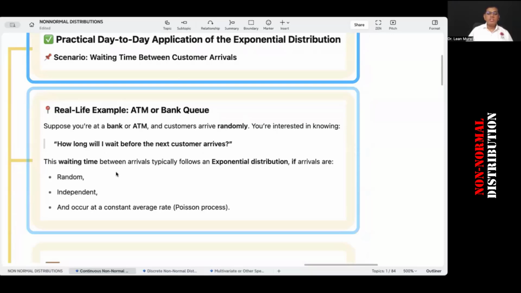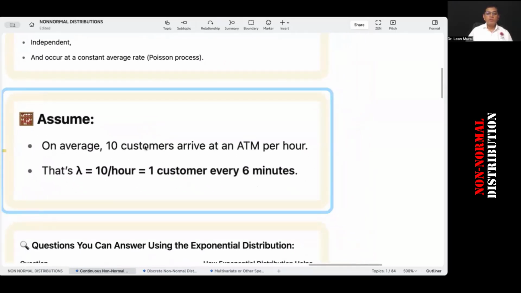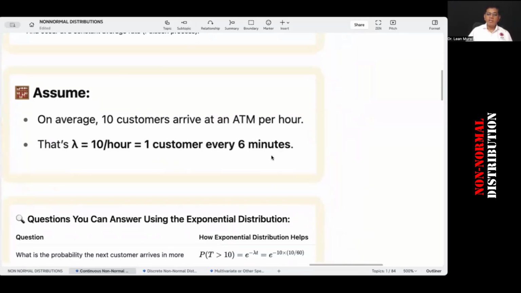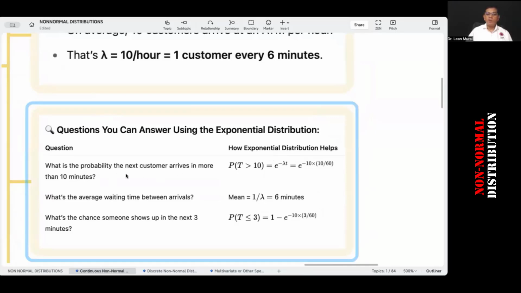This distribution is random and independent. What is random and what is independent, we have already taught. The practical example of exponential distribution is waiting at an ATM queue. Assume that on average 10 customers arrive at the ATM per hour. There is a formula here, and you can apply it.